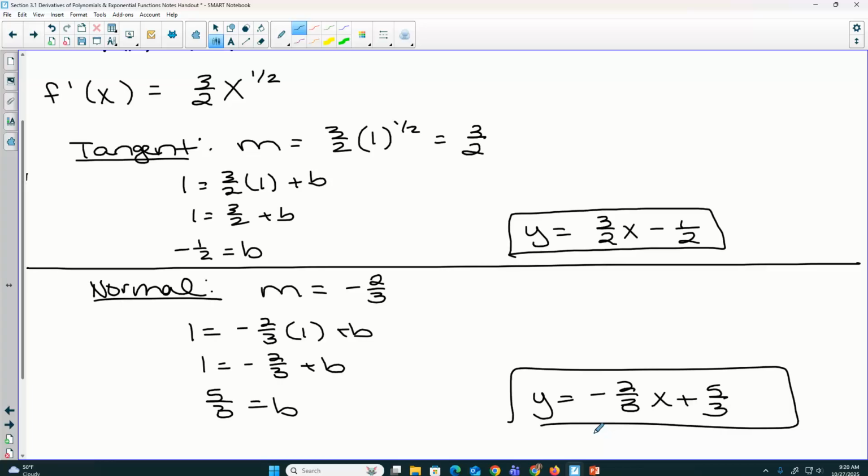And so the normal line, which is just the line perpendicular to your tangent line, is y equals -2/3 x plus 5/3.